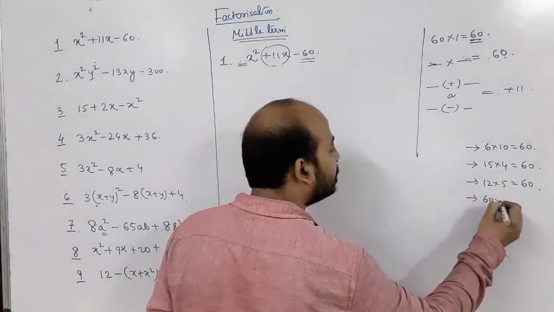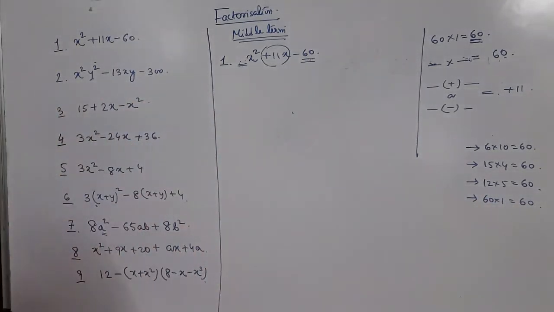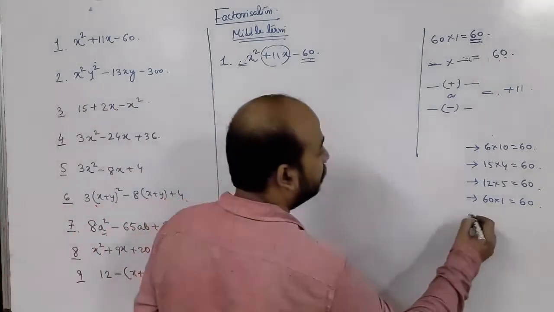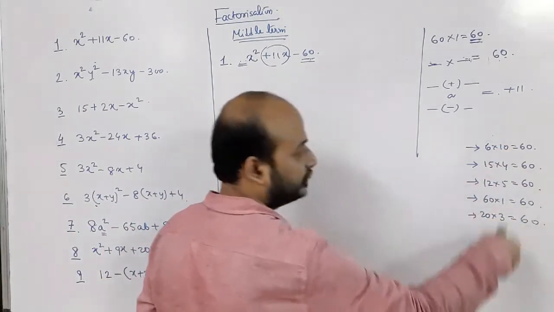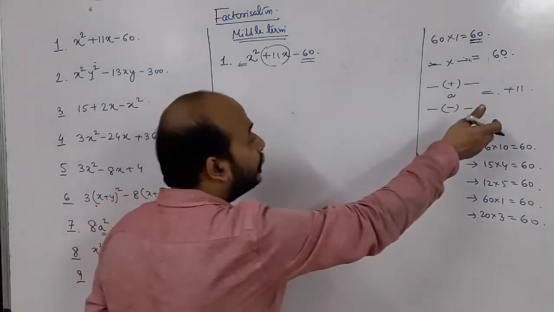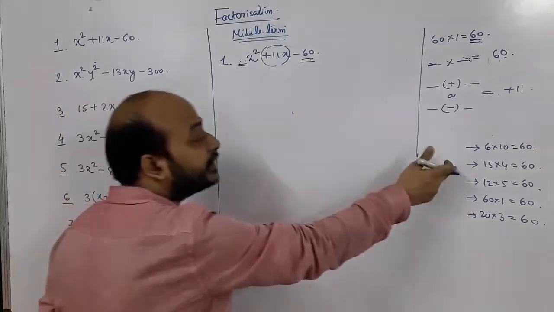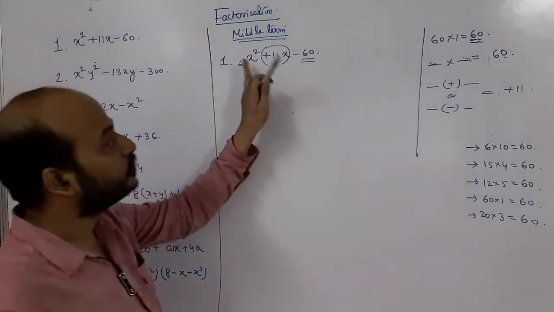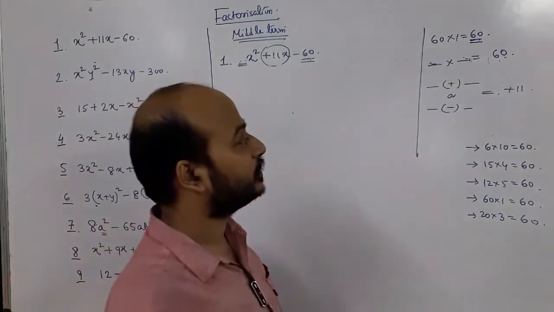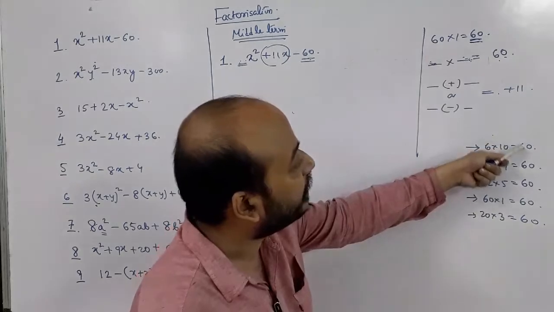And even 60 into 1 is also 60. And 20 into 3 is also 60. So many. So we'll use only the one pair which is suitable according to this condition. I am just giving you an example. You can see this 60 can be broken in so many forms.